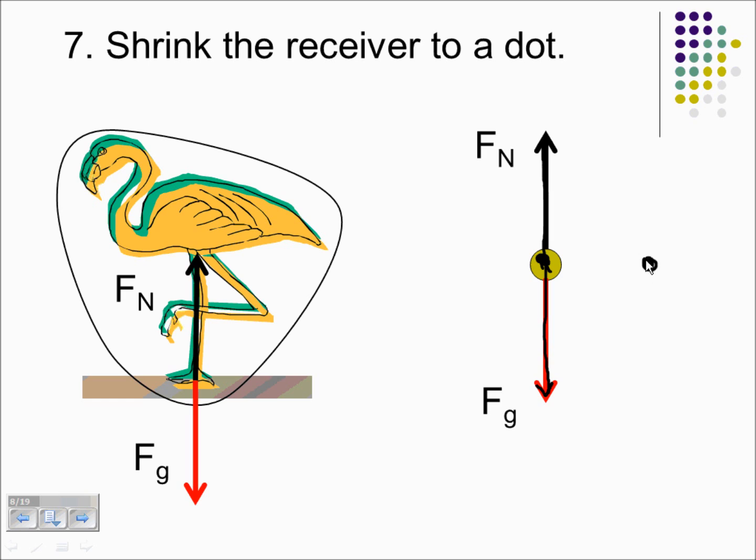So for example, if I drew my force diagram and I drew an upward arrow and I called it force normal, and I drew a downward arrow and called it force gravity, it would be the same forces, it would be the correct direction, but it would not be the correct force diagram.